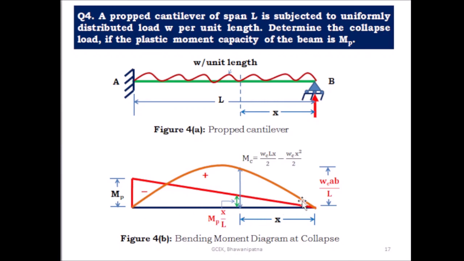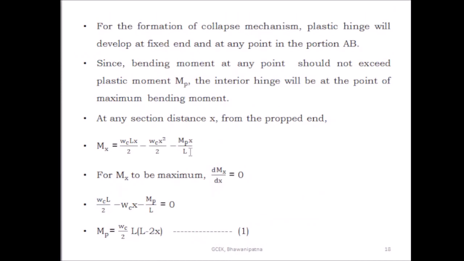From these two similar triangles we can find out this height: Mp divided by L is equal to this height y divided by x, then y is equal to Mp into x by L. Then after knowing this, we can find out WcLx/2 minus Wcx²/2, the bending moment, and here the plastic moment, minus Mp x by L. This is the moment at the section. This is the moment at a distance x from the support B.